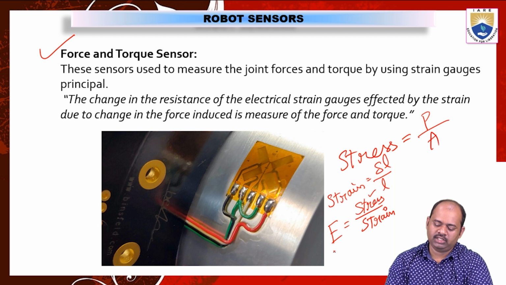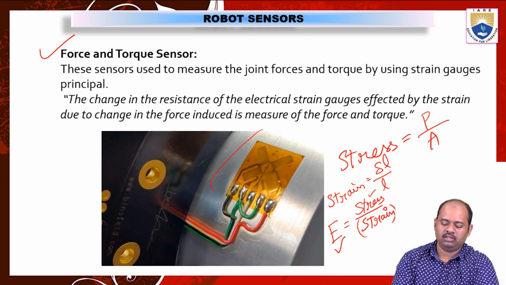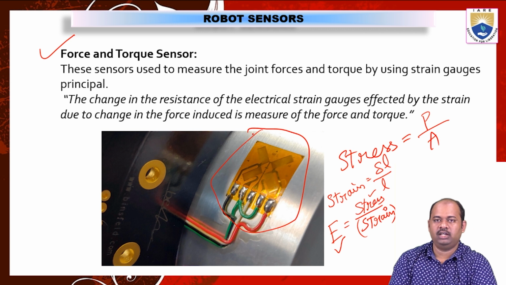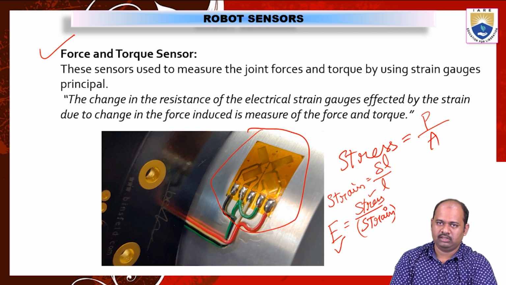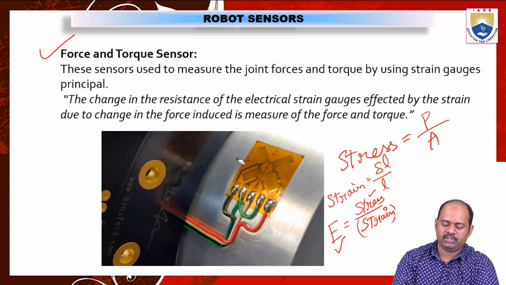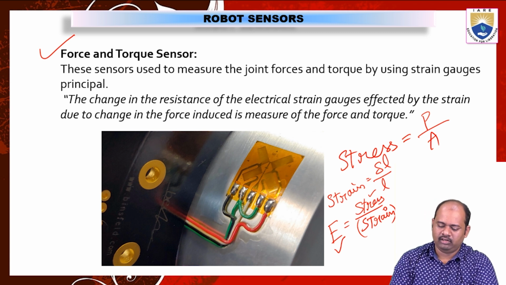So Young's modulus is fixed. Now we have to know what is the strain which is being applied on the body. Now to measure this strain, we use a device called a strain gauge. This yellow colored patch which is attached to the metal body is called a strain gauge. Now we'll see what is the working of a strain gauge. It's simple. The strain gauge is also made up of a metal which is a very thin layer of metal.